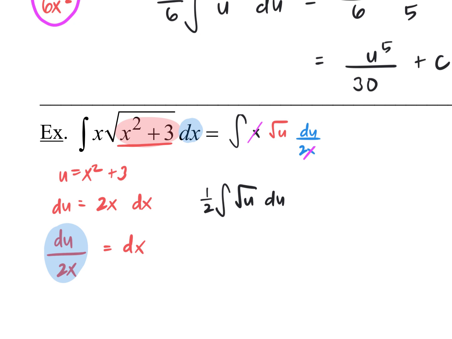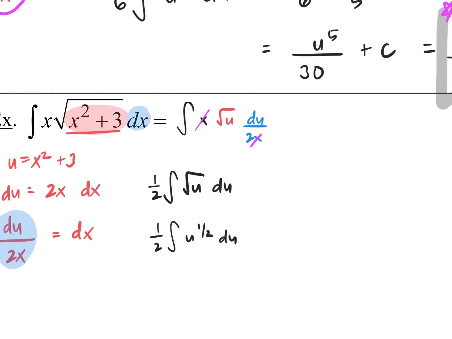And now this is something that we can integrate. We can think about this as the same thing as the integral of u to the 1/2 power. So if I integrate this, I'm going to have 1/2 times what? What am I going to end up with for my integration on that? Yep, u to the 3/2 power divided by 3/2 plus c.